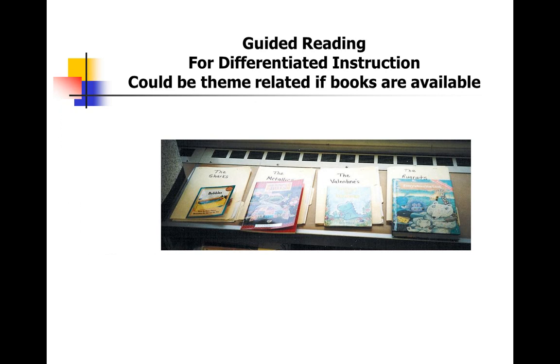She has 4 differentiated groups by achievement. Now, if it happens that you have thematic and it's about animals, and all the books can be about animals that are leveled to the children, that's terrific, but that's not going to happen for a while. So whatever little books that you have will work.